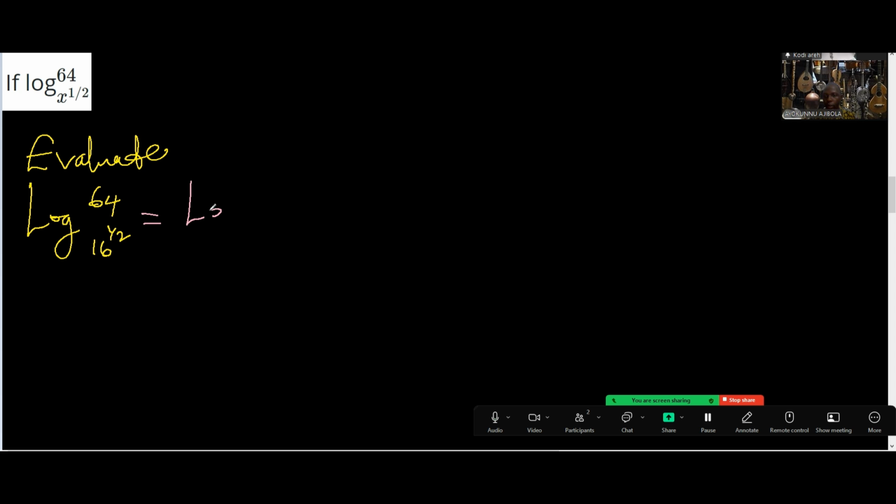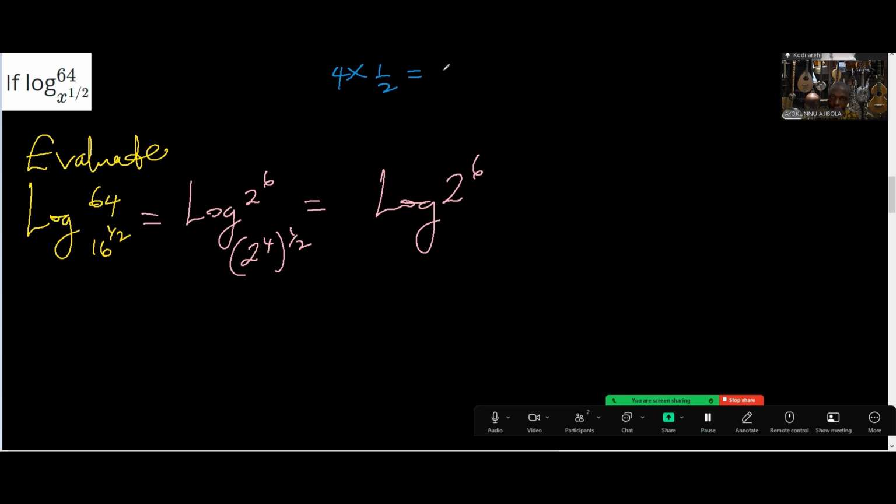So log of 2 raised power 6, which is 64, and 2 raised power 4, also raised power the half that is there. So this is now going to be log of 2 raised power 6, then the 4 times half on the power here. 4 times half is 4 over 2, which is 2.